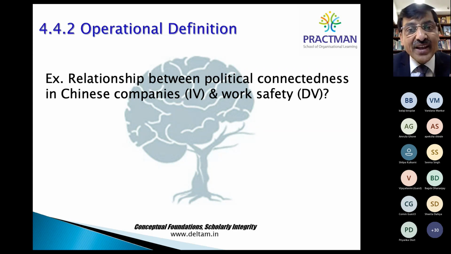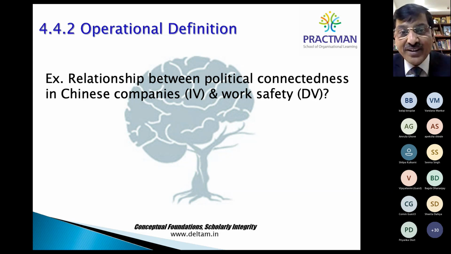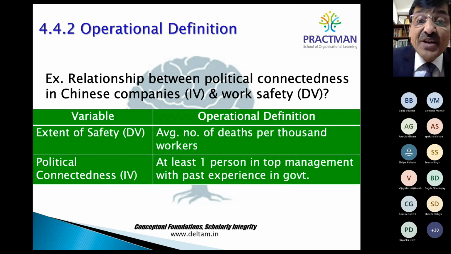Now, in that case, political connectedness is an abstract idea. How do you decide whether a company is politically connected or not? How do you measure the work safety practices of a company? That needs to be operationally defined. So these are two variables. Extent of safety is a variable which needs to be operationalized. How?